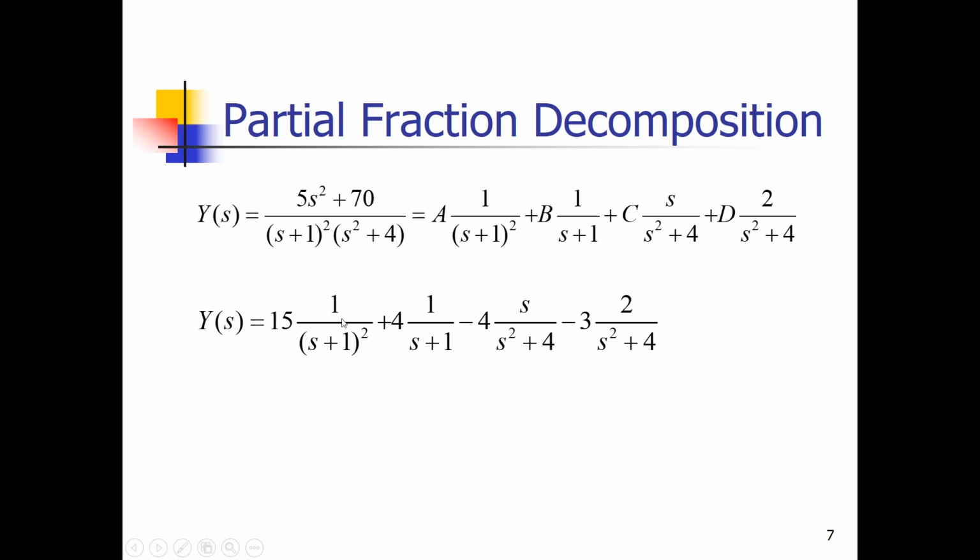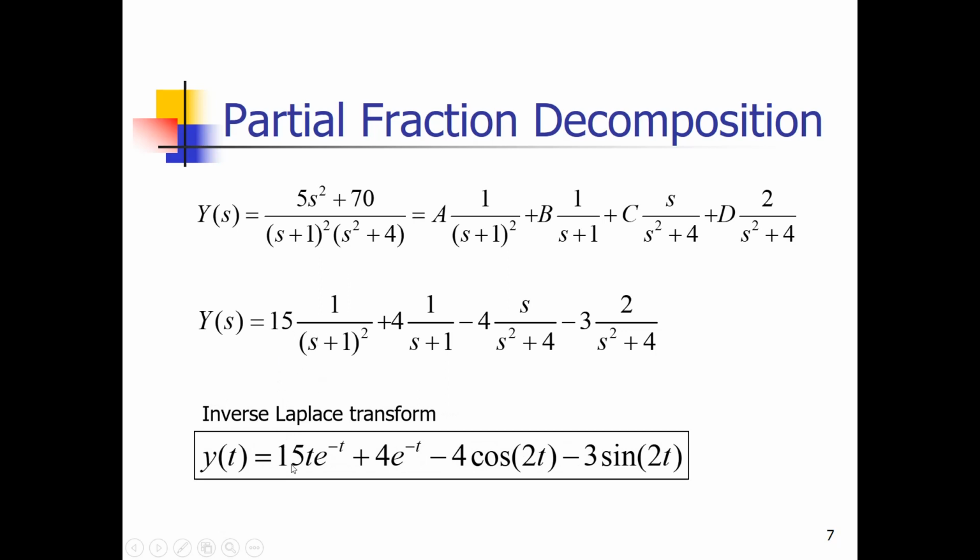So we have to multiply that function t in time domain by e to the power minus a times t, and this is the value for a. So this yields t times e to the power minus t, and we have to multiply that with 15. So that is this expression, 15 times t times e to the power minus t.